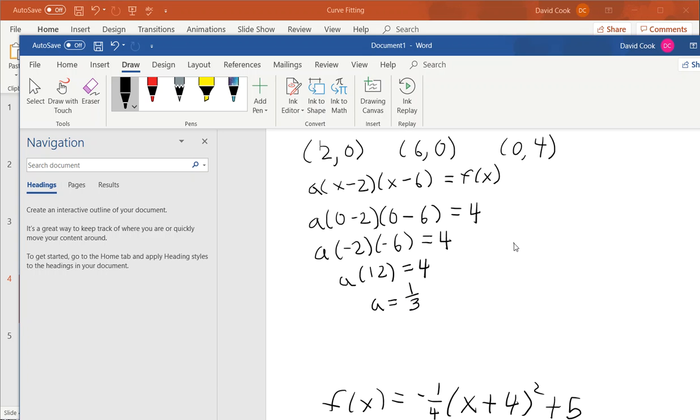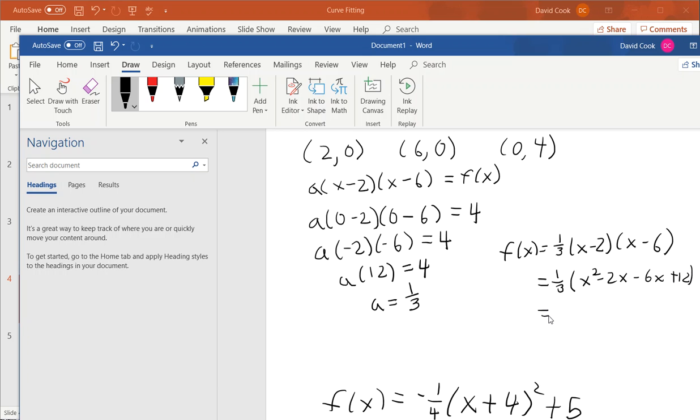So the equation is going to be f of x equals 1/3 times (x minus 2) times (x minus 6). And now finally, let's FOIL this out. x times x is x squared, minus 2x minus 6x plus 12.